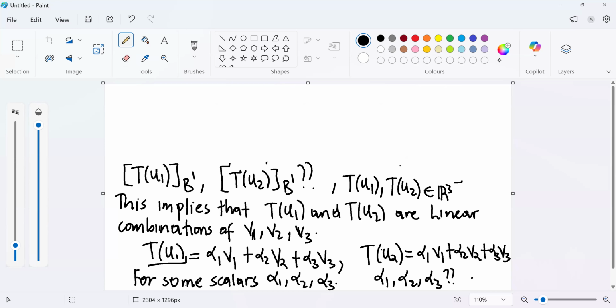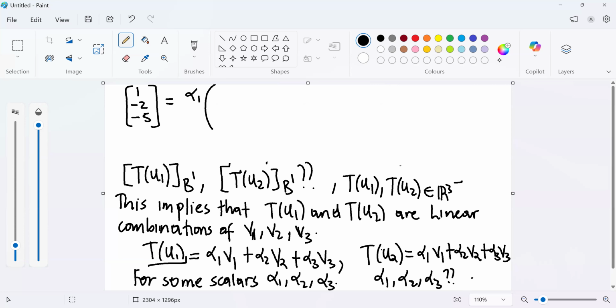From my computation above, TU1 is 1, -2, -5, equals alpha 1 times V1. What is V1?